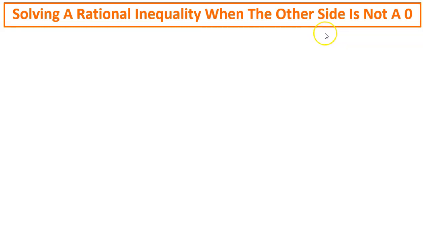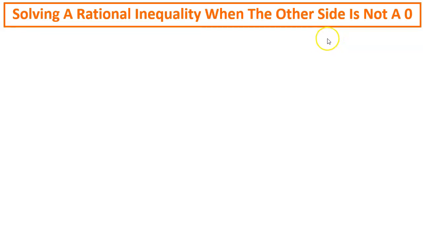Now, you may be thinking that I have not mentioned the method for today's session. Yes, I did not mention any method because you will need just one more step to make the other side of the inequality equal to zero. That is the only extra step that will be required.